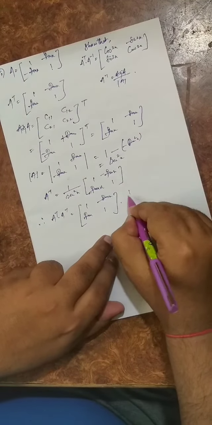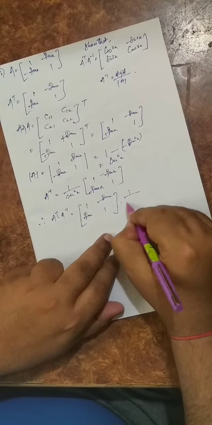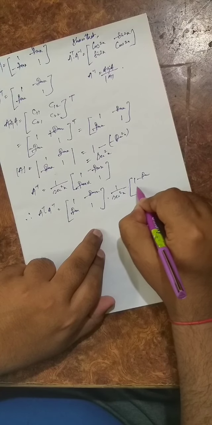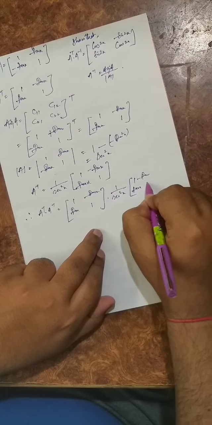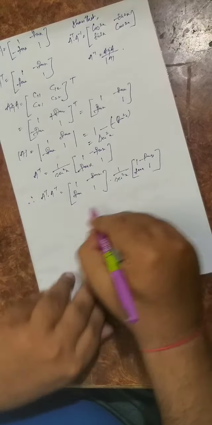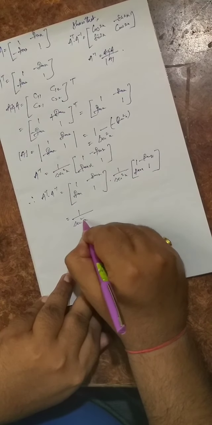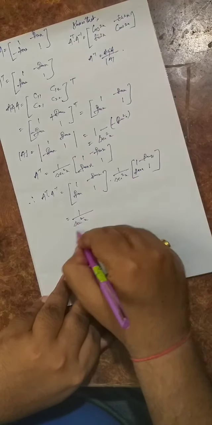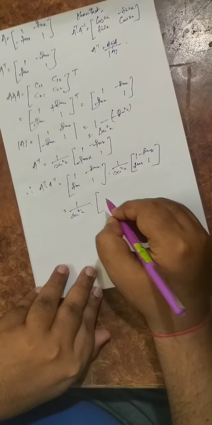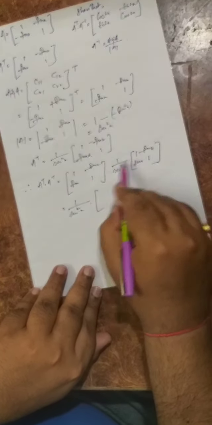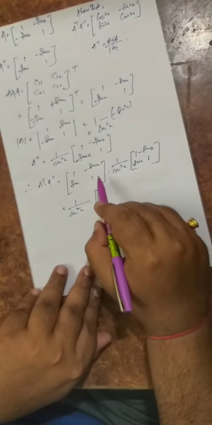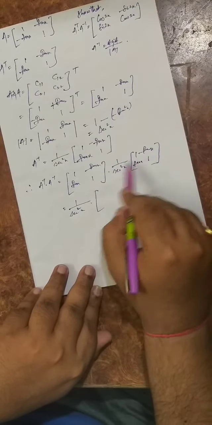And A inverse is 1 by sec square x times [1, minus tan x; tan x, 1]. You can take this value here because it is not within the matrix. You can consider the value here. Now do the multiplication. The multiplication is feasible because both the matrices are second order.